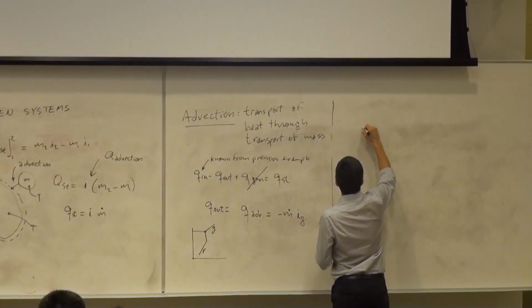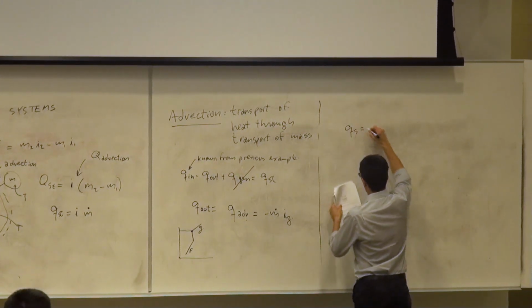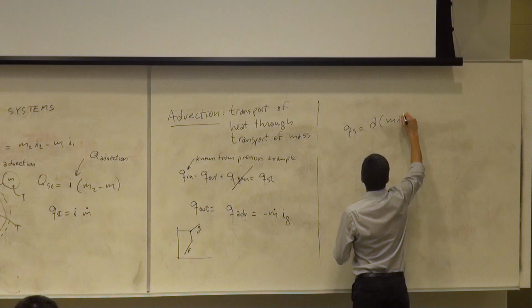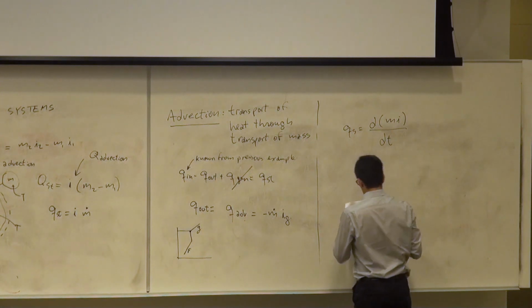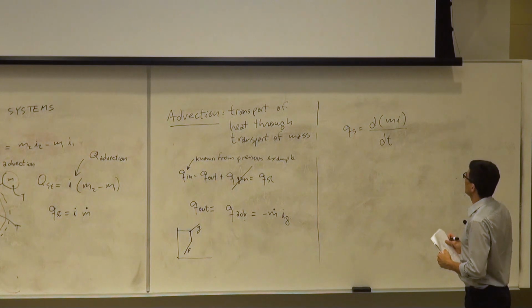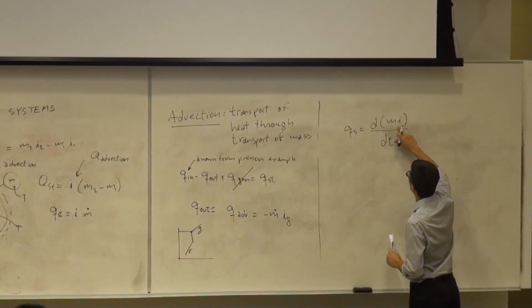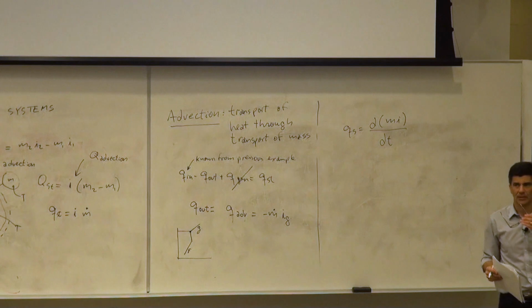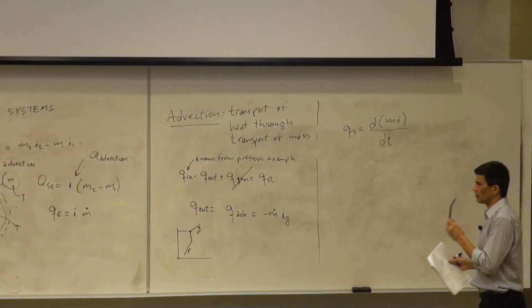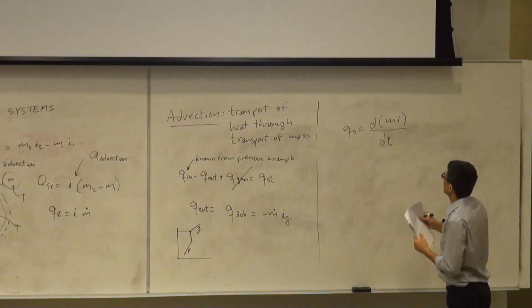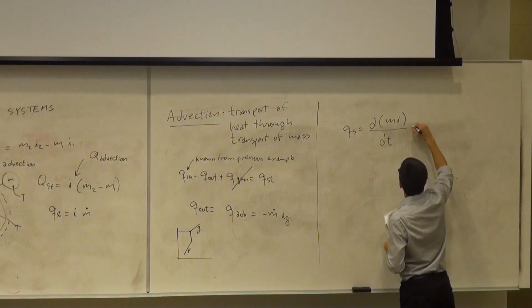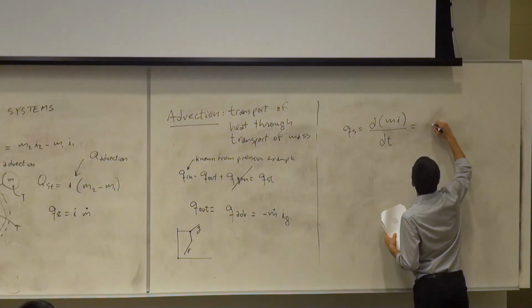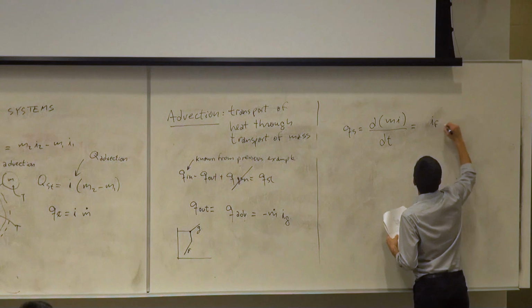So Q stored is, and we know, is either of these constant in this problem? Remember that we did it for phase change? We said mass is changing, and then we would have enthalpy of the liquid times the mass rate.